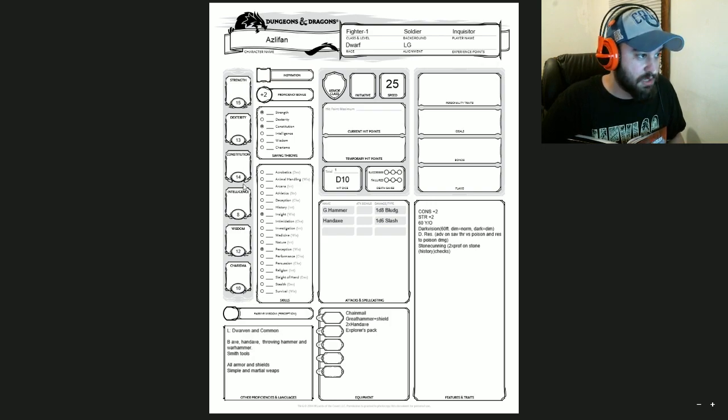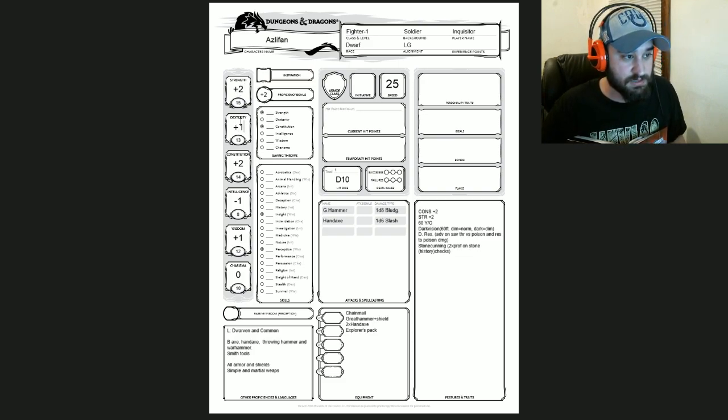And it would mean that 8 and 9 is minus 1, right? Then 10 is 0, 11 and 12 is plus 1, 12 and 13 is plus 1, 14 and 15 is plus 2, and 13 is plus 1, right?